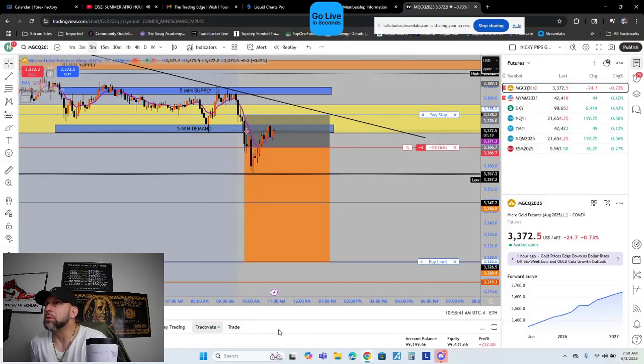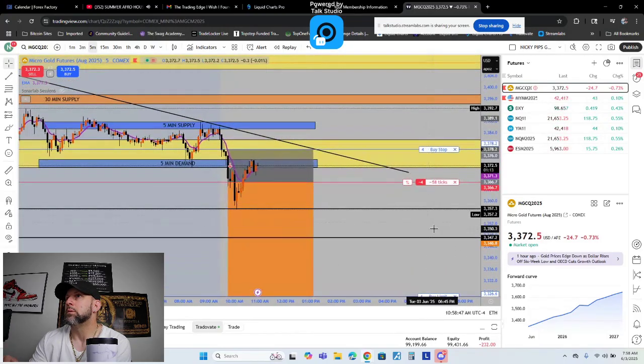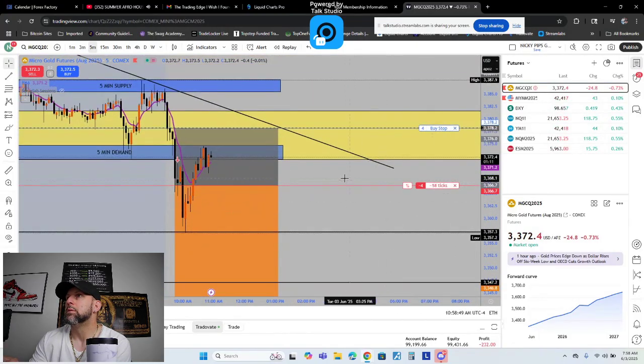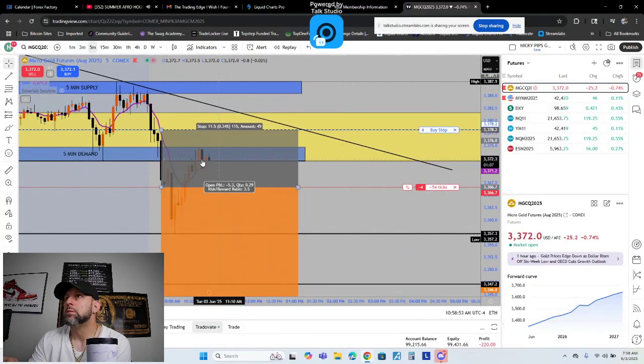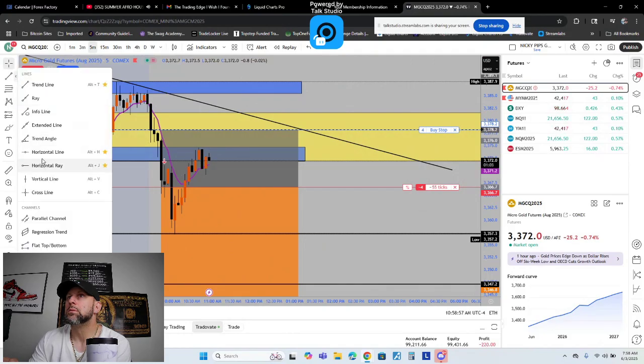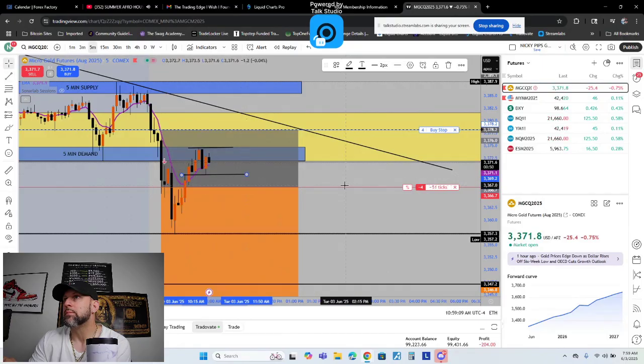I feel like we're in a little bit of a consolidation right now. So we'll zoom in a little bit. We have this line right here, and then kind of this line. We need to break this.